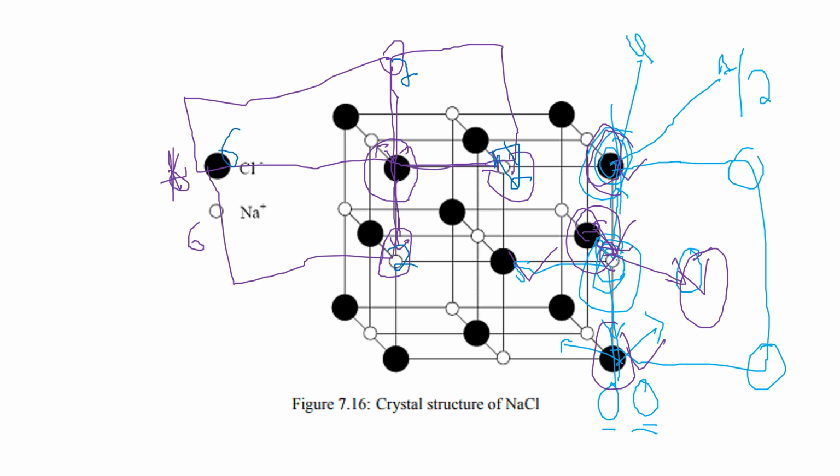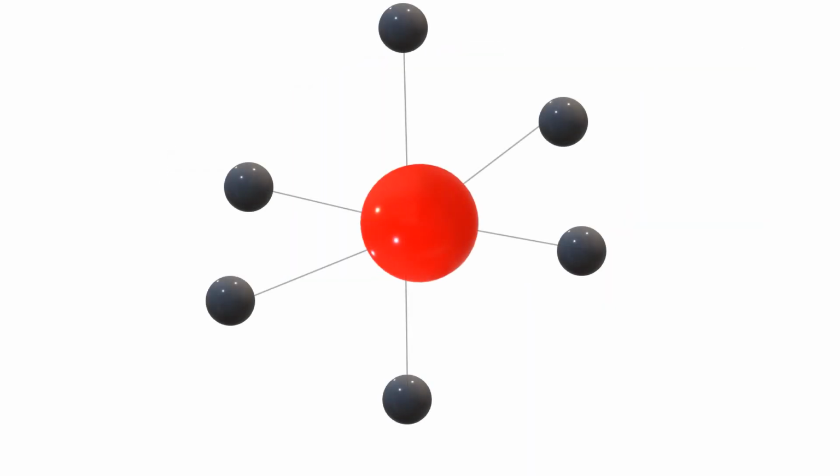Now you'll be thinking about what I am doing. Let me tell you in detail. If we talk about a single Na, it is connected with 6 Cls. This is not Na, this is Cl, so it is connected with 6 Nas.